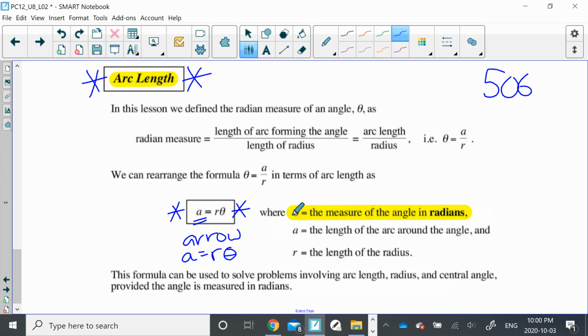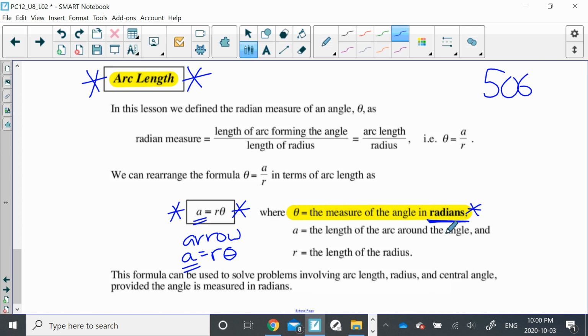A is going to be the length of an arc, and I'll show you what an arc looks like when we get to our first picture. R is going to be the length of the radius, and theta is the measure of the angle, and it must be in radians.